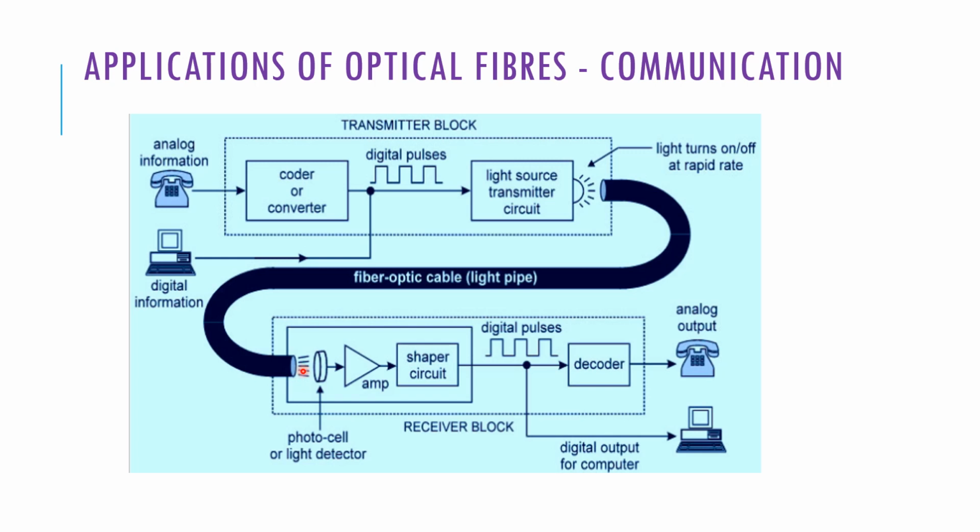When it comes out, it will first fall on the light detector, which will receive the light and convert that into an electrical signal, and that will be amplified by the amplifier, and then the shaper circuit will filter out all the noise, and it will come out as digital pulses, and then it will be sent to a decoder, where the digital pulses will get converted into analog output.